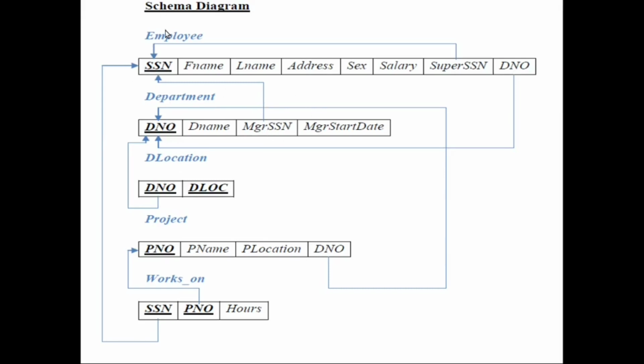So I cannot create employee and department directly. What I can do is begin with the department table but skip manager SSN. I'll add it later using the alter command. First I will add department number, department name and manager start date.